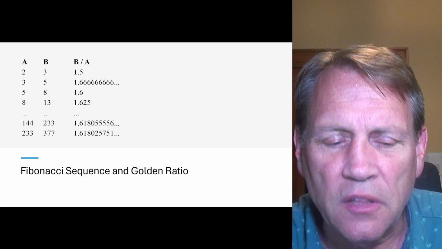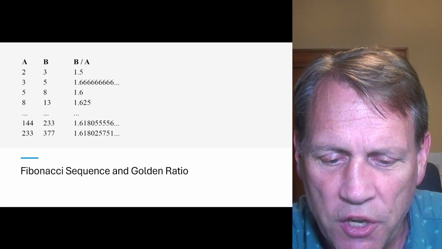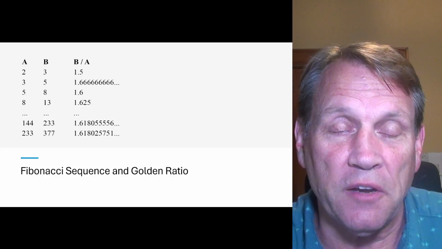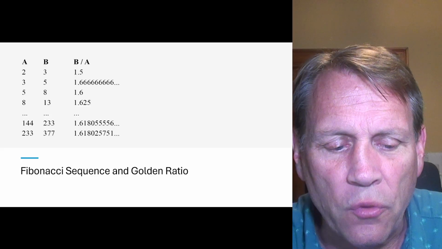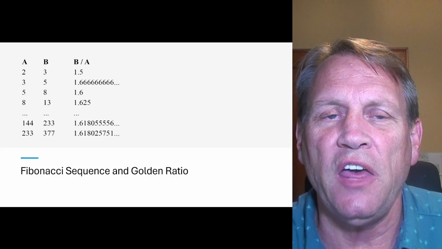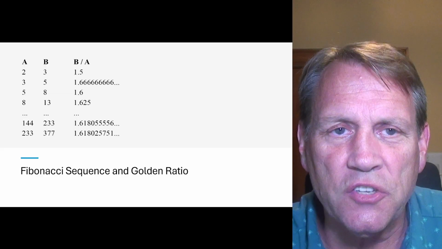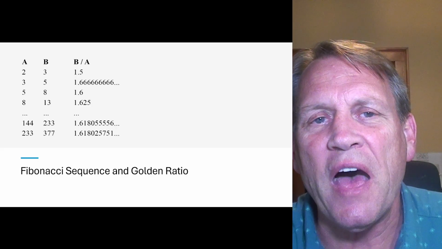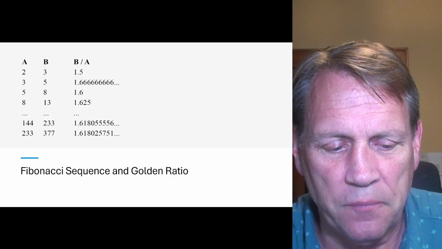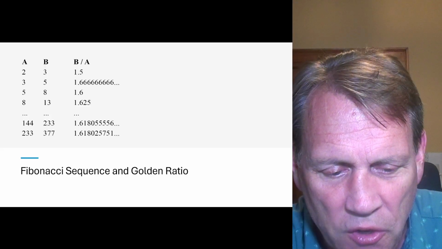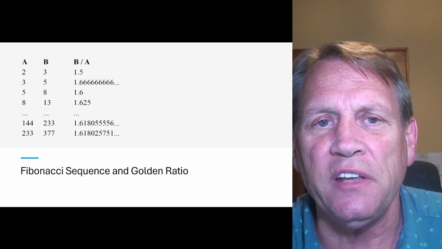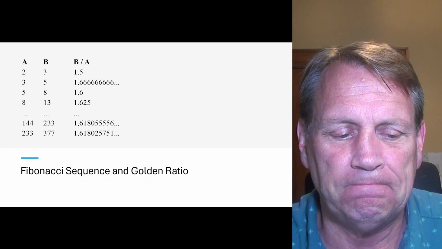In addition, the Fibonacci sequence and the golden ratio are associated metaphysically with growth and abundance, and they're often used cross-culturally to evoke a sense of balance and harmony in nature. And they're also symbolic of prosperity and success.